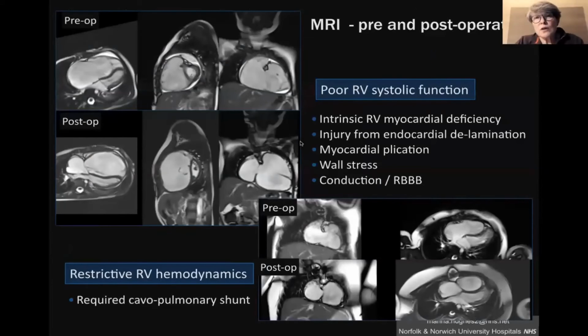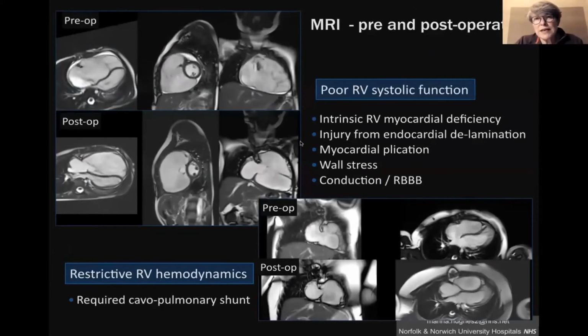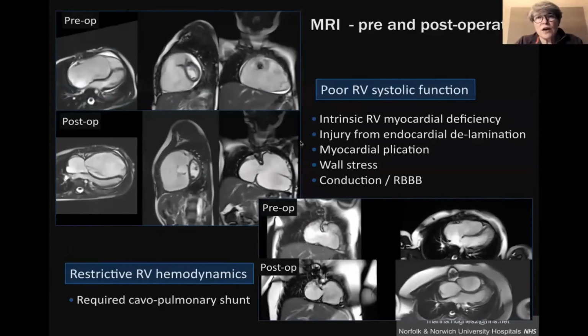But not all cone repair of the valve was successful, and we noted in our team that many patients were not hemodynamically improved after having had cone reconstruction, even with a competent valve.